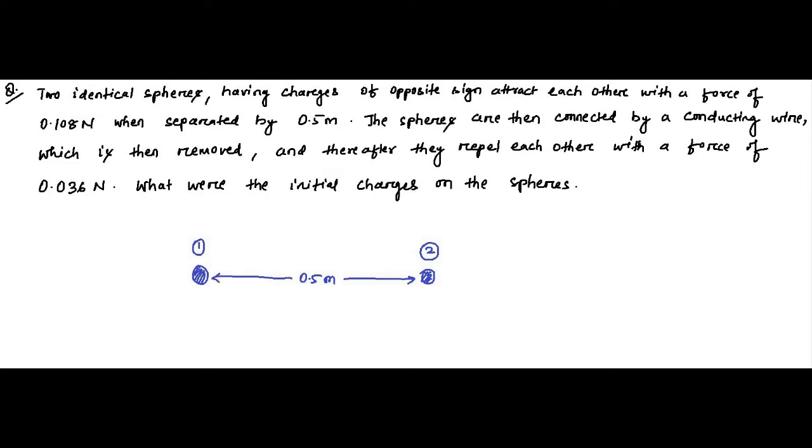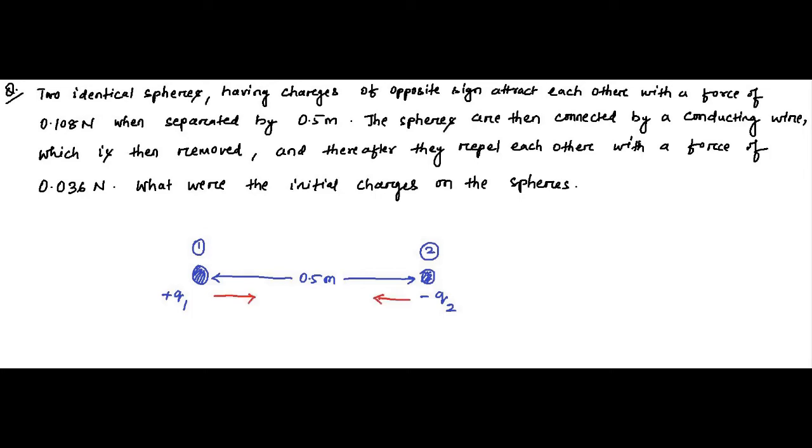They have opposite charges. Let's say sphere 1 carries a charge of plus q1 and sphere 2 carries a charge of minus q2. As they have opposite charges, they will attract each other, so there will be a force of attraction.